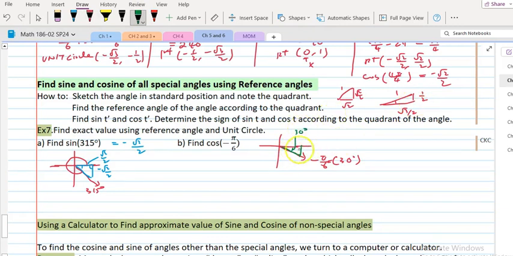So for 30 degrees, this is 1/2 and this is negative 1/2 because it's negative. This is positive root 3 over 2. So our cosine is positive. The point that you get is root 3 over 2 comma negative 1/2. I want cosine, which is this one, root 3 over 2.